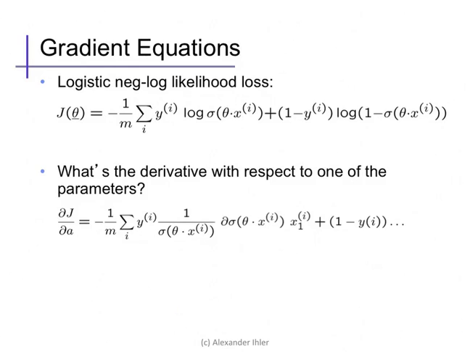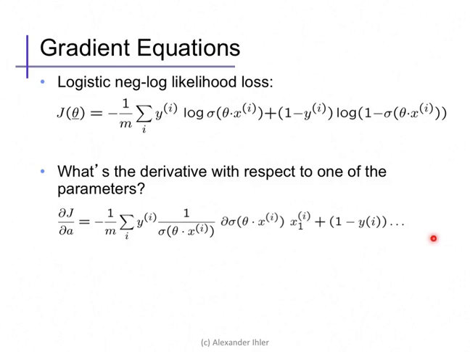Just as with our mean-squared error-based loss, we can take the derivative with respect to each parameter to compute the gradient vector. Taking the derivative of this loss function with respect to, say, parameter a, we again follow the chain rule. We get 1 over sigma from the derivative of the log, times the derivative of the interior, so d sigma, times the derivative of its interior, which is feature 1.